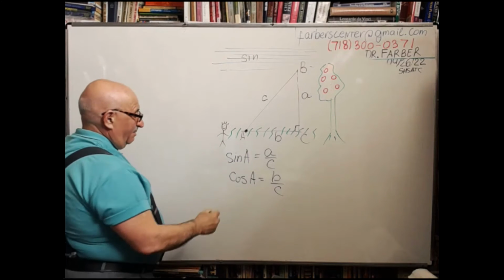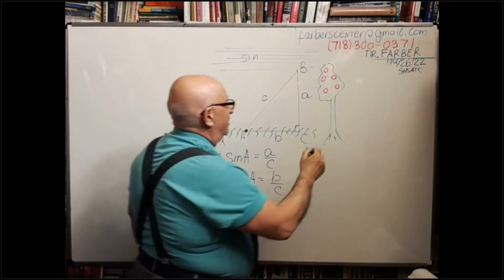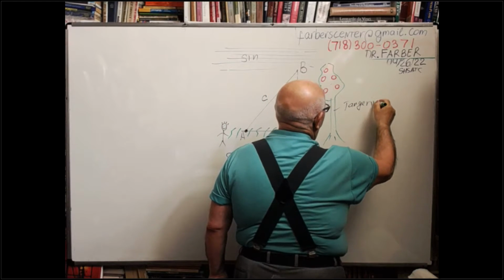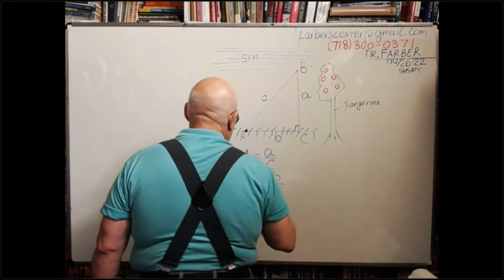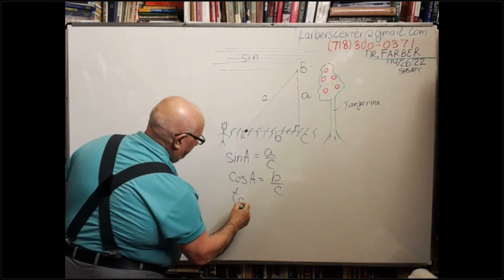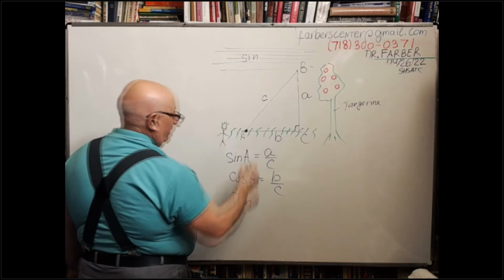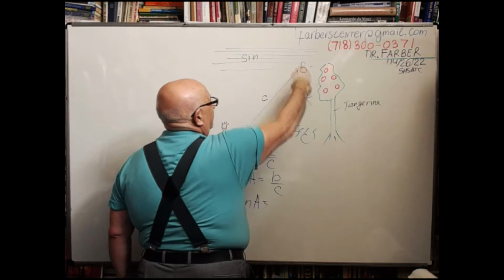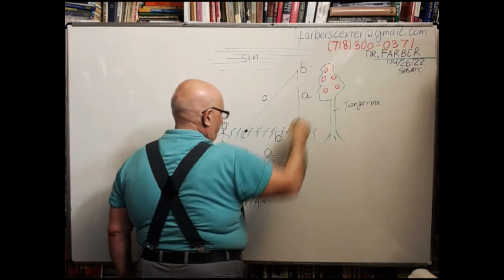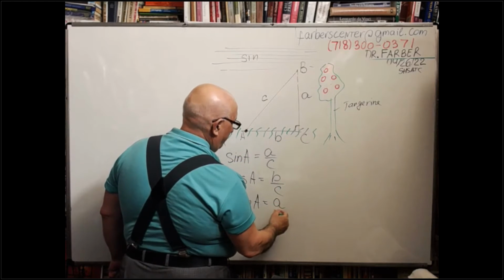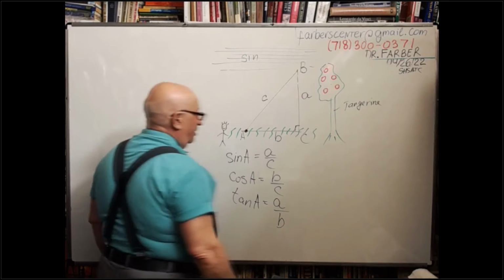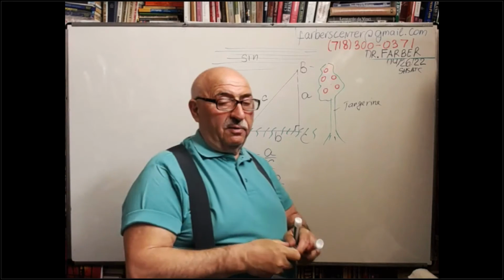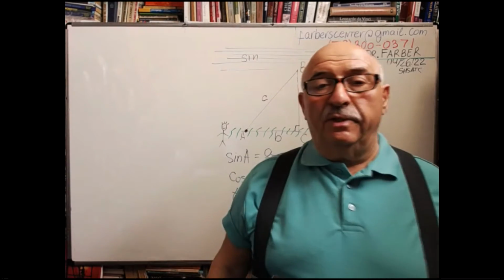One more thing. Since this is the tangerine tree, I use another ratio. Tangent of this angle, where you have tangerine. Tangerine goes this way, right? This is A over B. So in a few minutes, we give a student basic definitions of trigonometry.